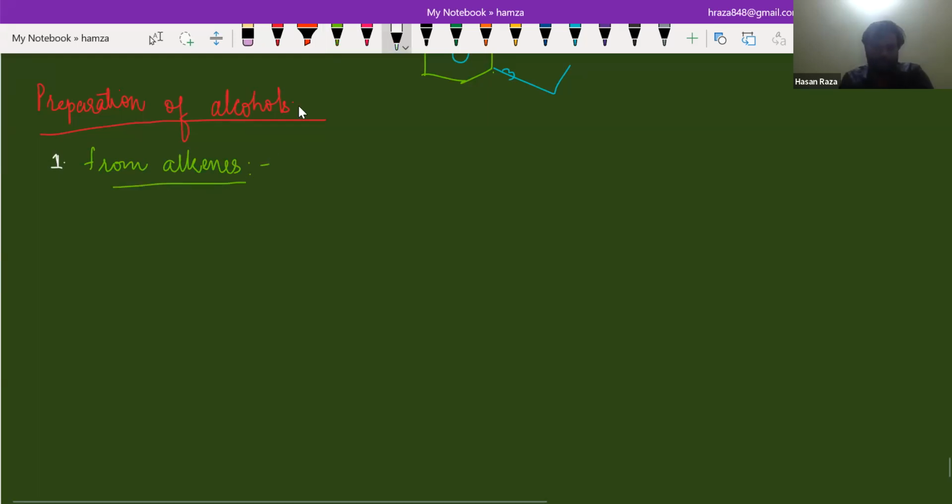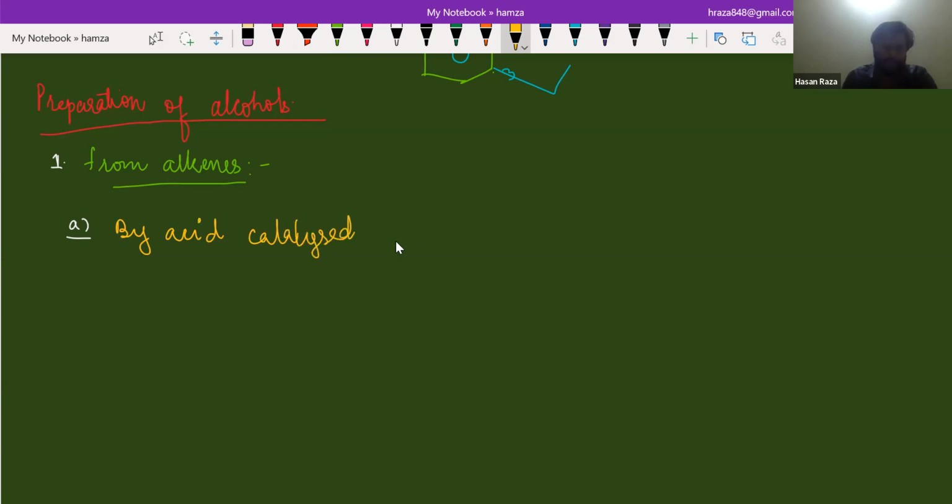It's very easy. There are two ways of preparing alcohol from alkenes. In this we are going to learn the first one, and it is by acid catalyzed hydration. That means if you pass an alkene through water in the presence of acid acting as catalyst, then you will get alcohol.